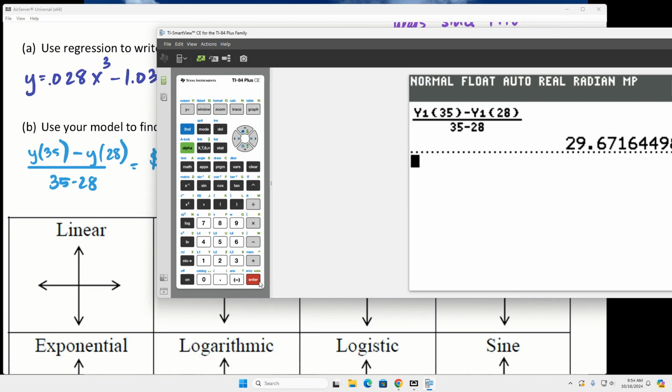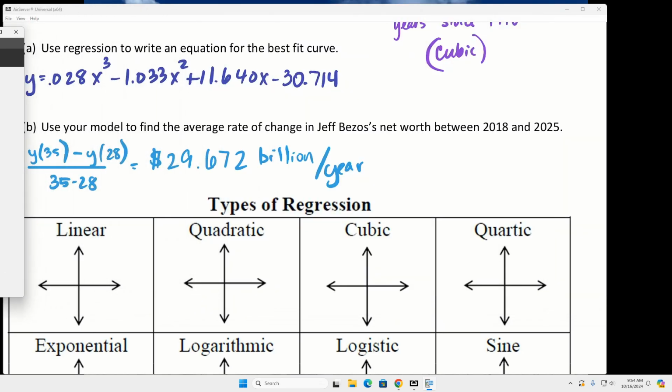So if this pattern continues, then each year his net worth goes up $29.672 billion per year. Can't even imagine that. It's craziness. But it might level off and not increase that much. We'll see.